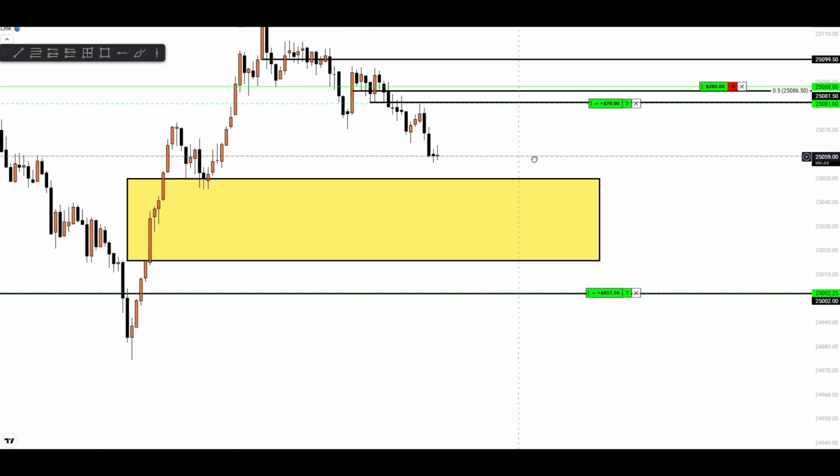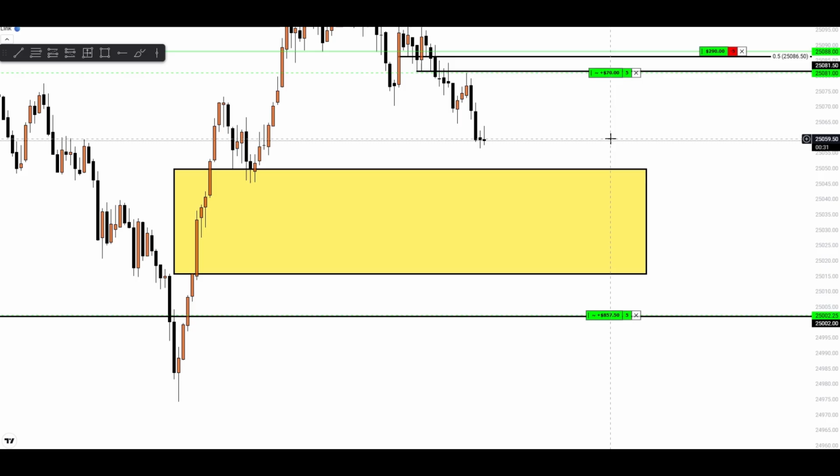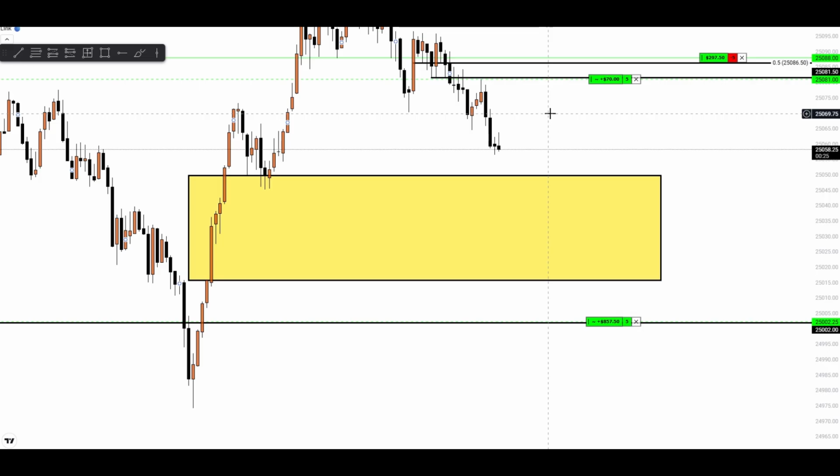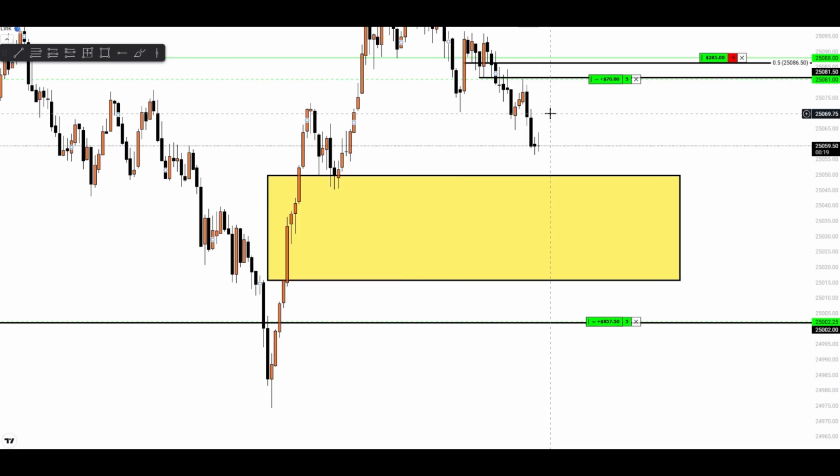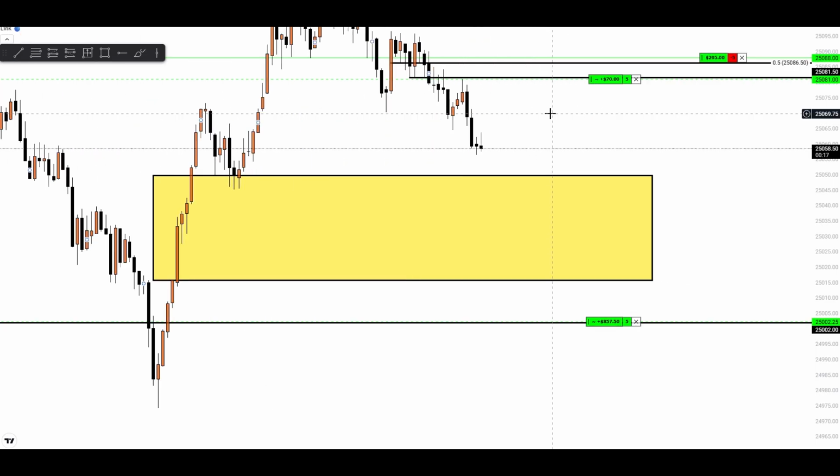But I scalp. I don't play for bigger moves really. When I get to that target, I always try aggressively. That's how I see it, as playing for the bigger move. If I wasn't, I would just get out at the target.